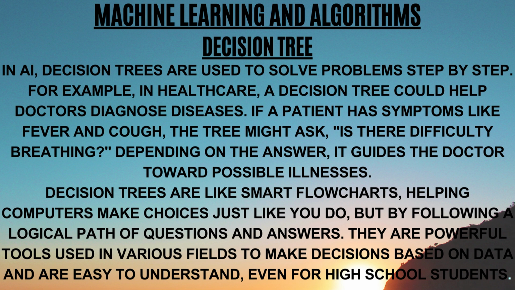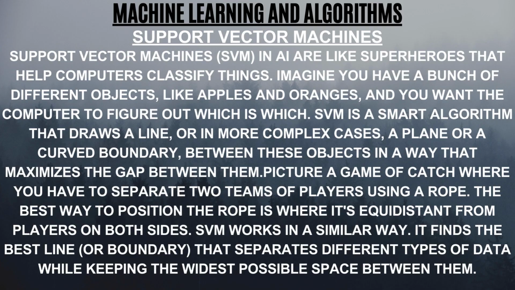Decision trees are like smart flowcharts, helping computers make choices just like you do, but by following a logical path of questions and answers. They are powerful tools used in various fields to make decisions based on data and are easy to understand, even for high school students.